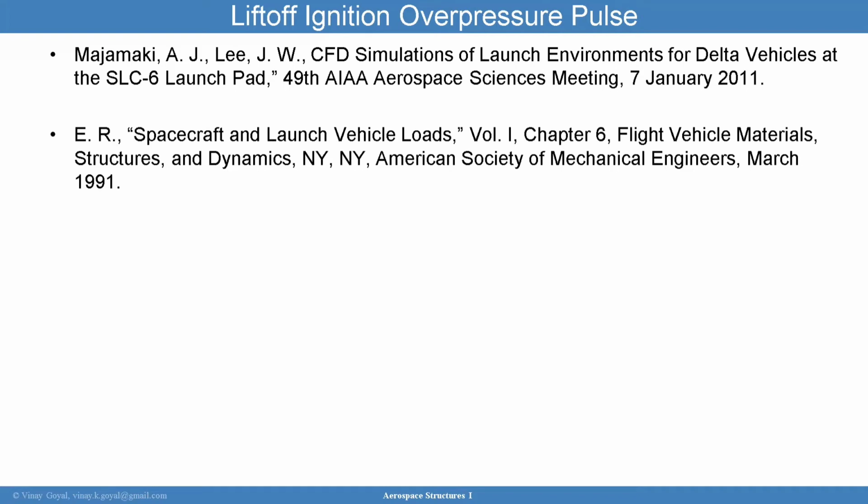The ignition overpressure waves that exit the flame duct and travel back towards the vehicle are referred to as the exit ignition overpressure waves. So the magnitude and directions of the resulting ignition overpressure on the vehicle are highly dependent on the combination of vehicle and launch pad configuration.